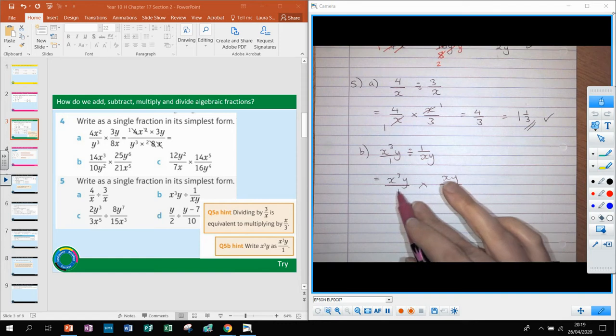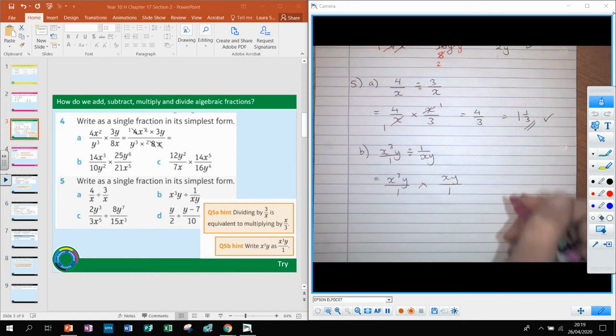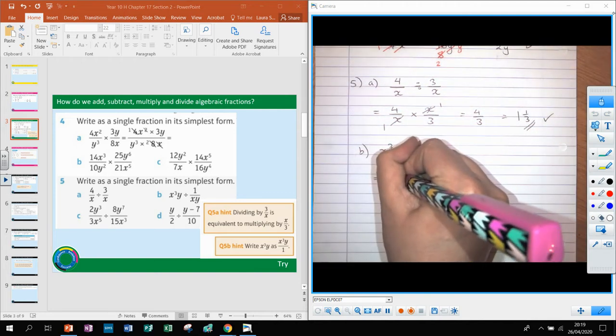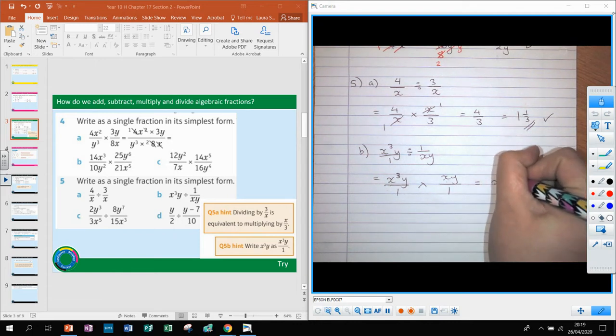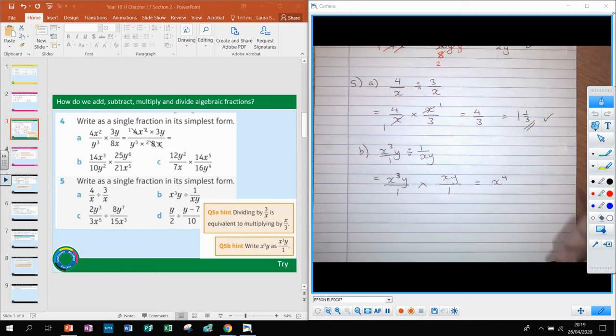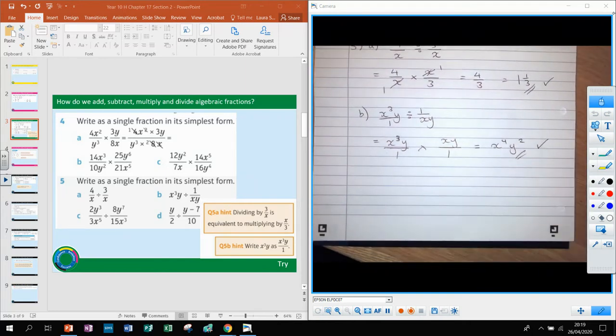Okay, which means actually we're going to end up with 1 in the denominator, so don't really have to worry about that because when we divide by 1, you get itself. But what we actually need to do is finish multiplying here. X cubed times x will become x to the 4. Okay, and y times y is y squared, giving us our final answer of x to the 4y squared.